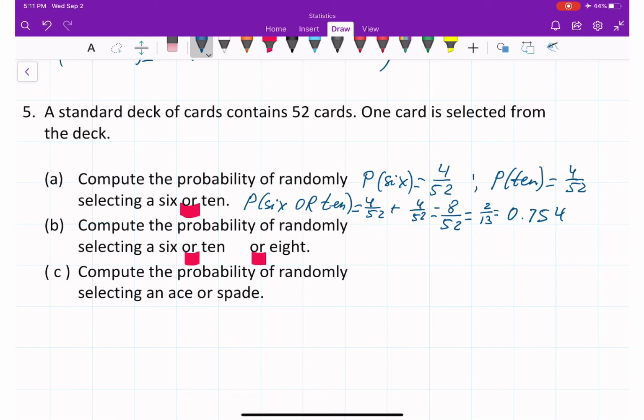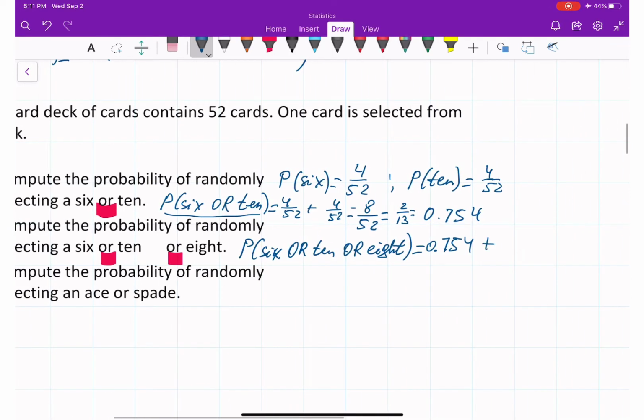How many 8s do we have? Again, 4. So the probability of 6 or 10 or 8 is going to be 0.154, because 6 or 10 we already have, plus 4 over 52, right?